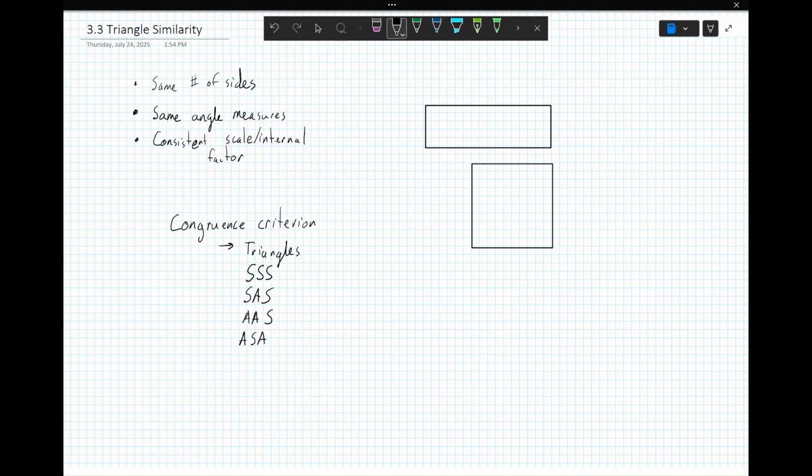That means with each congruence criterion, there must be a similarity criterion. So for side, side, side, there is similarly a side, side, side criterion for triangles. Notice in that case, we don't need angle measures.